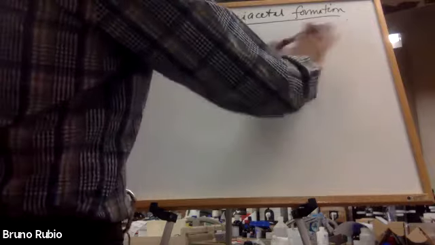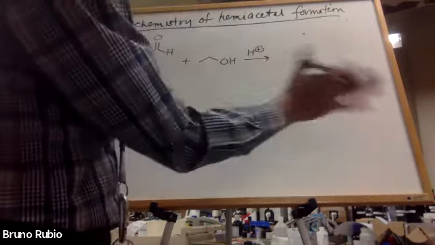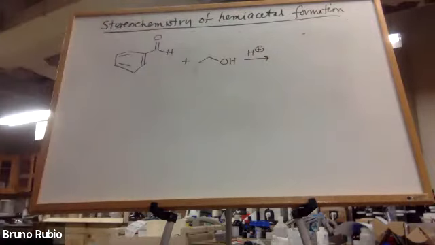Draw the product. Don't draw the product with any kind of dashing and wedging. You don't have to. It will be enough just for you to tell me whether you're going to get enantiomers or diastereomers or a single compound. So what do you think you're getting here? Anybody want to give it a shot? Are you getting a single compound, enantiomers, or diastereomers?